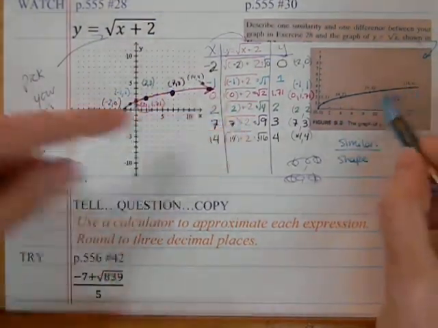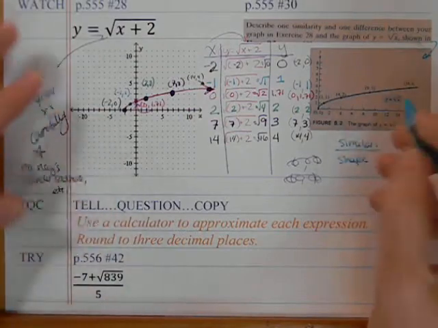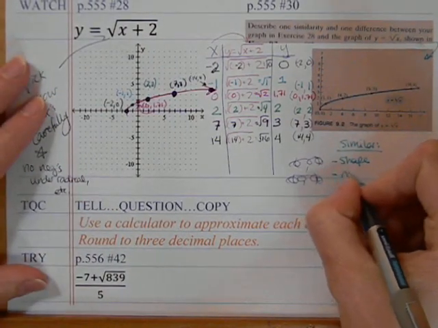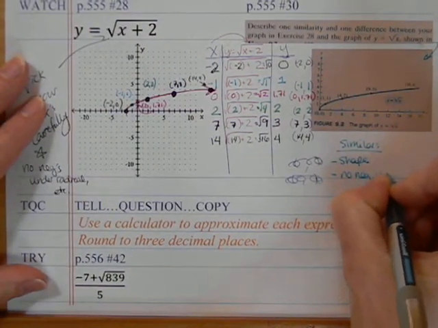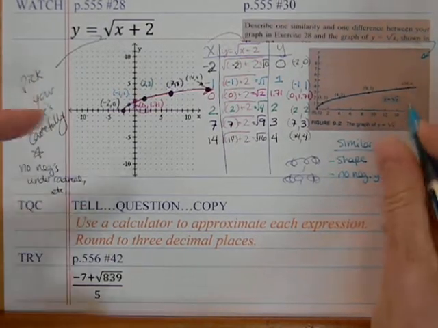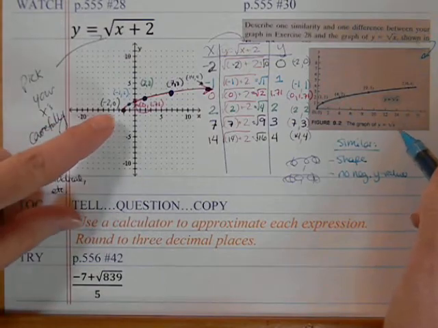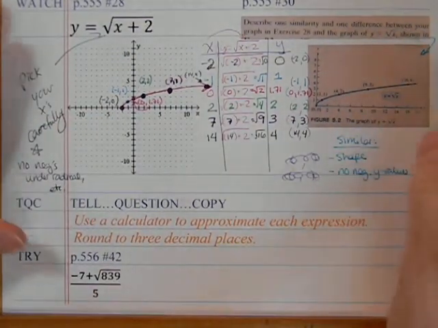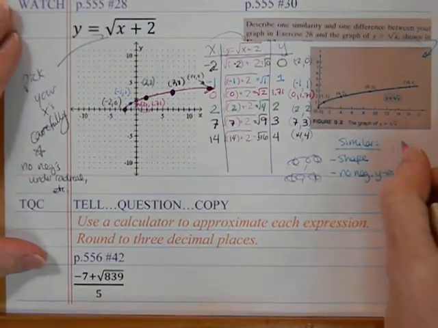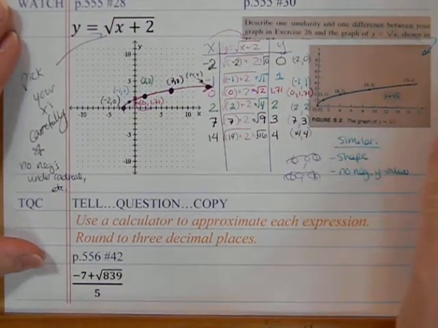What else is similar? It doesn't dip below. There's no negative answers. There's no negative y values. They're all positive results here. What's different? I guess we only had to do one similarity, so that's one similarity.